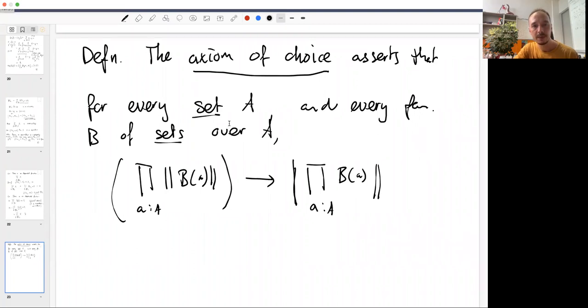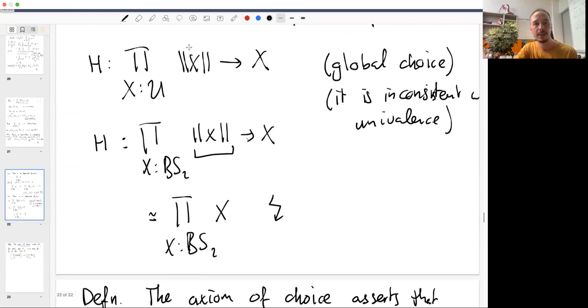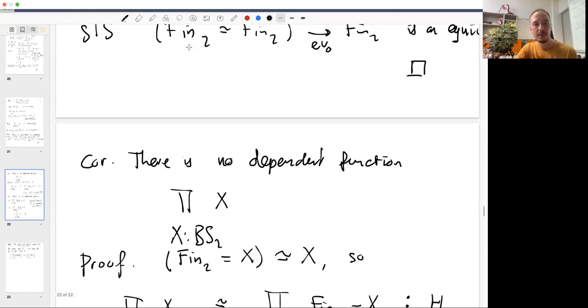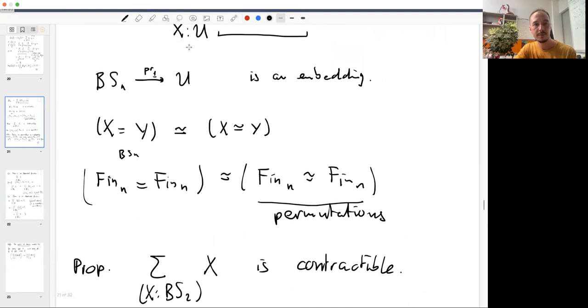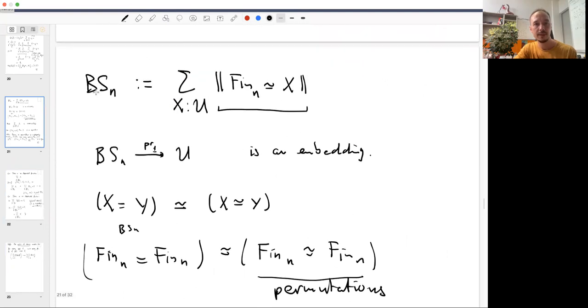Is BS2 a universe? It is a subtype of the universe. Let me show the definition again because people apparently missed it. Okay, here is the definition of BSN. It is the type of all types X in U such that merely Fin n is equivalent to X. Because this is a proposition, it's a subtype of the universe, and what that means is that the projection map from BSN into U is an embedding.